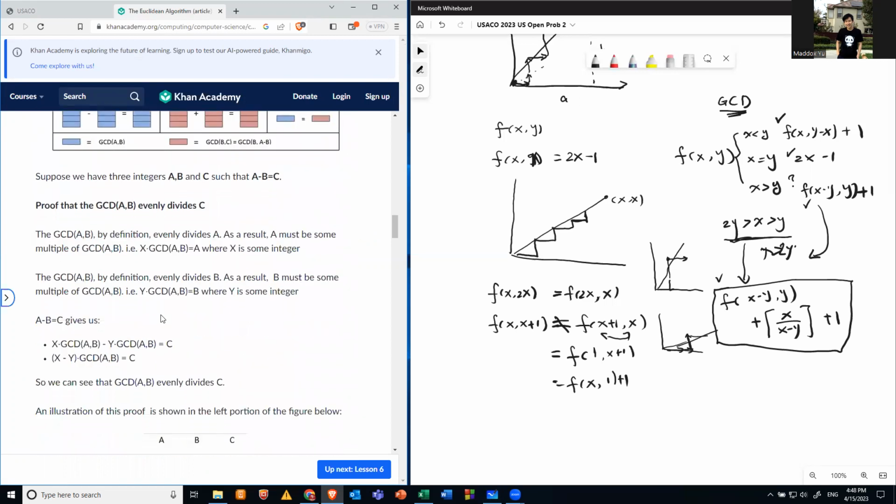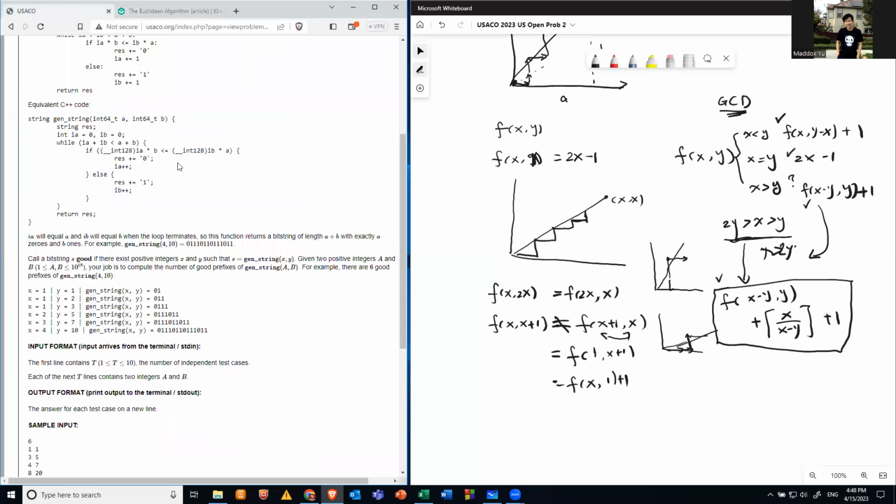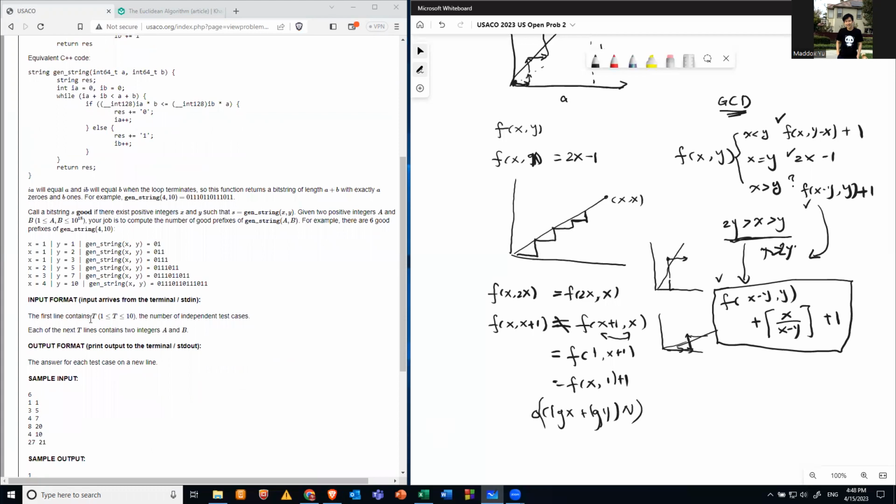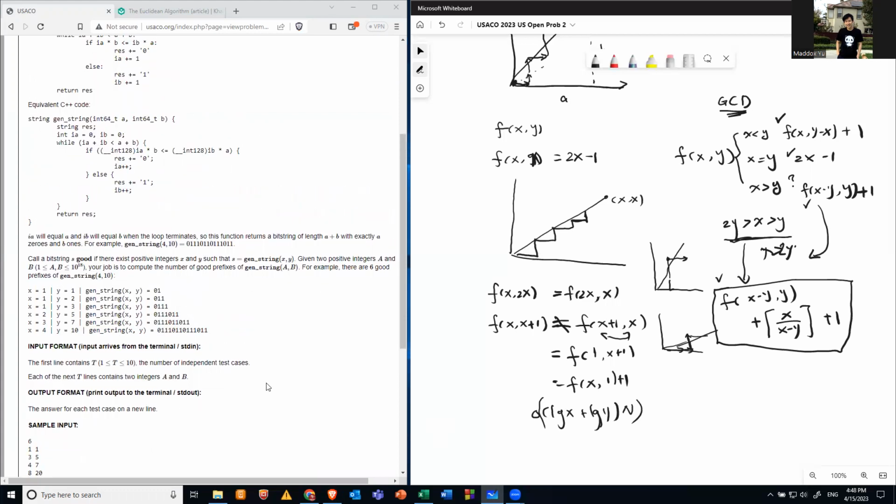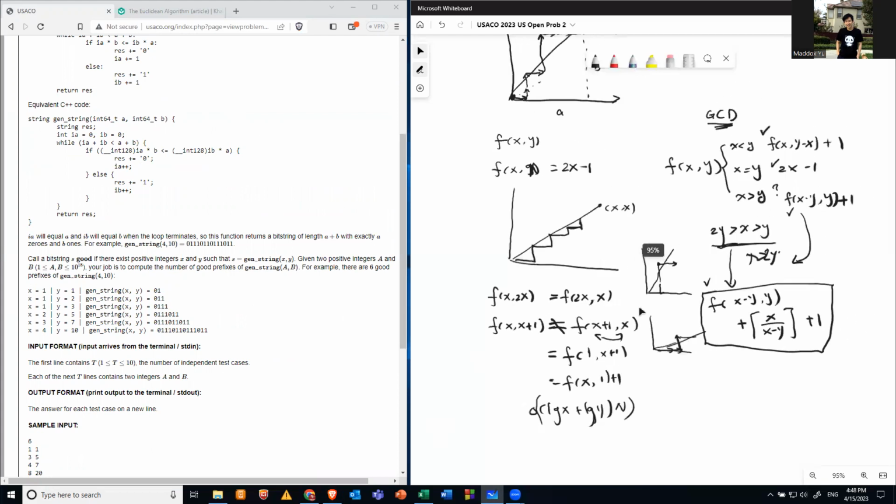By doing it that way, you basically get O of log x plus log y. Then you have n of them, so in total t. So once you derive this formula, you could run it quite fast.